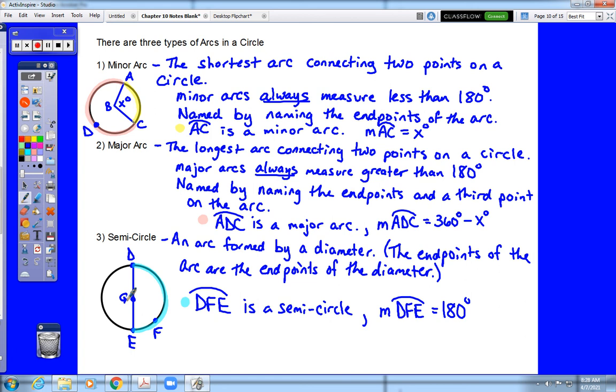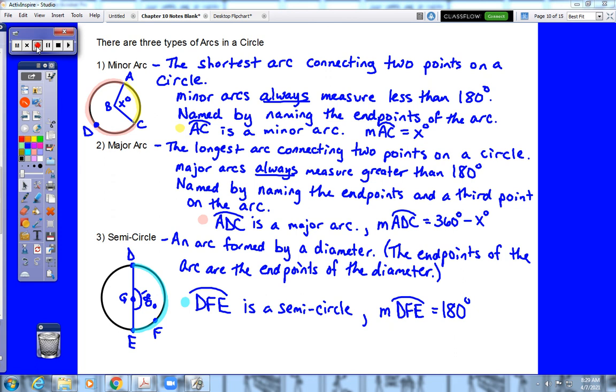Okay, this is a 180 degree angle, which is why the arc is 180 degrees, because that is a straight angle. It's one of the very few places in actual math that we see a straight angle. We never see them in polygons, but we do see them occasionally in circles, in the form of a semicircle. Okay, we're going to take that information and we're going to do some examples shortly.